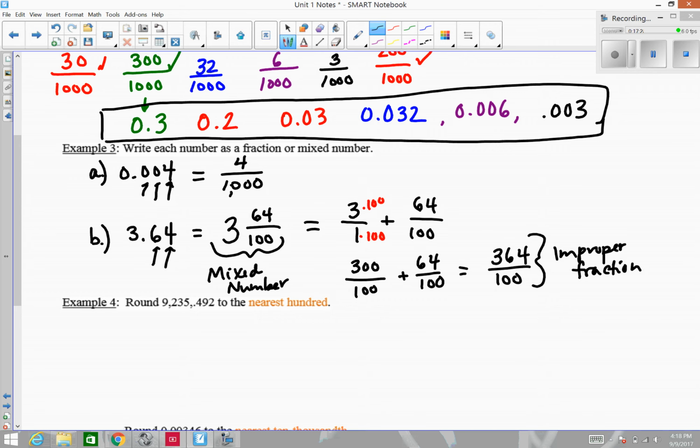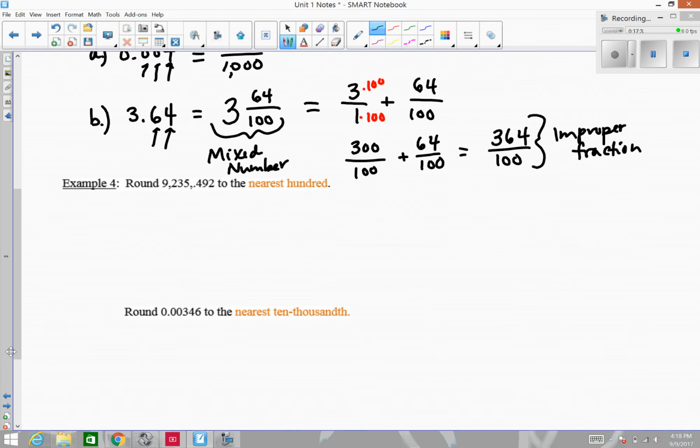All right, let's go to example number 4, and let's round some numbers. So we want to first take this. It looks like we have an extra comma here, so what I would like you to do is just ignore this comma that comes before the decimal and think of this as 9,235.492, and we want to round to the nearest hundred, which means hundreds place.